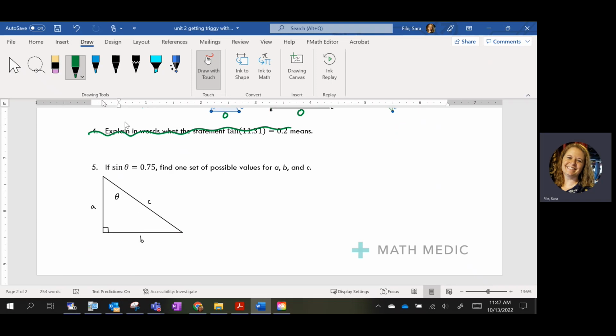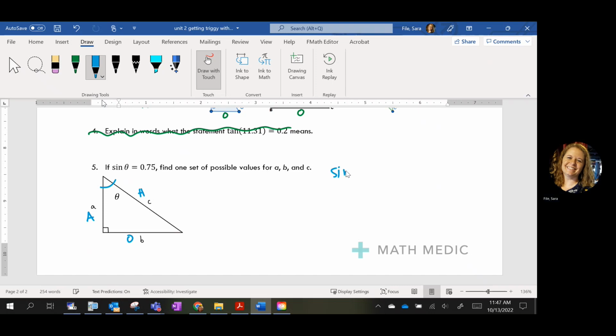So last but not least, we've got sine of theta. Here's our theta. So this is opposite, adjacent, and hypotenuse, is 0.75. Give a set of possible values for the lengths of those sides, which they call A, B, and C here, that would make this sine ratio true. Well, what is 0.75 as a fraction?